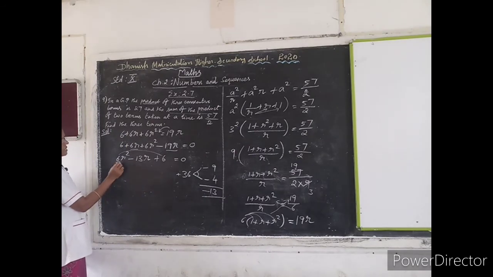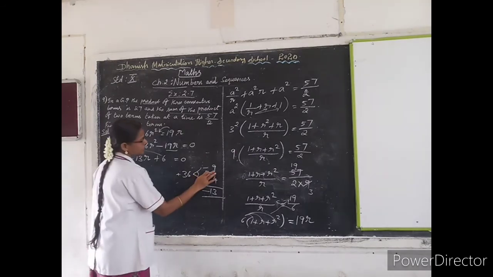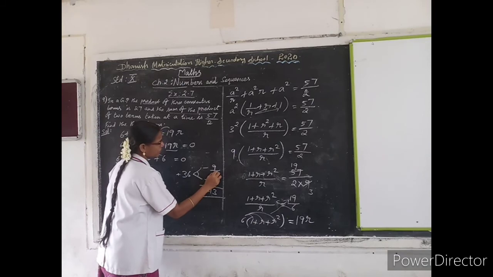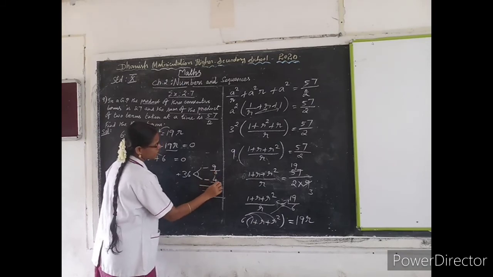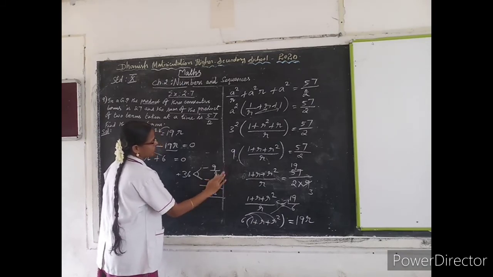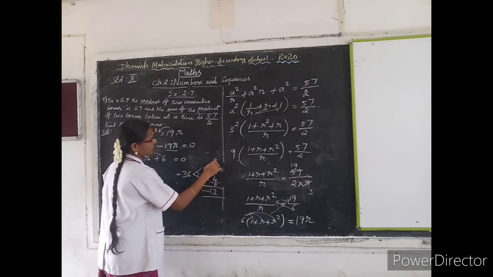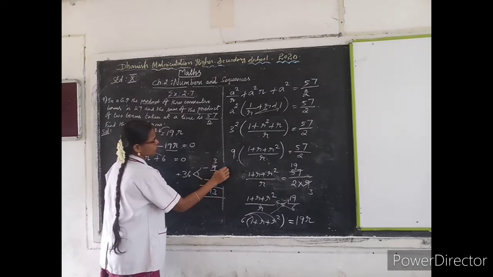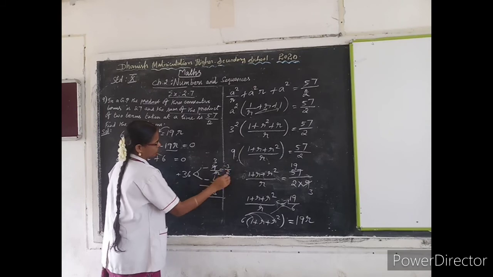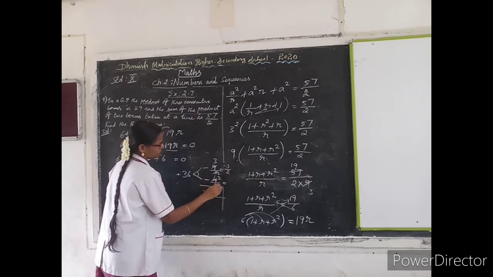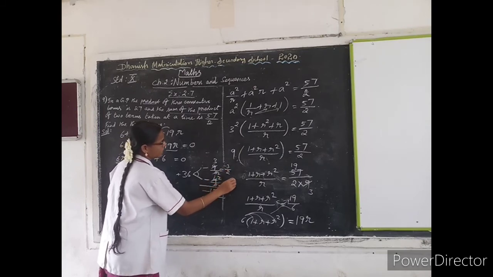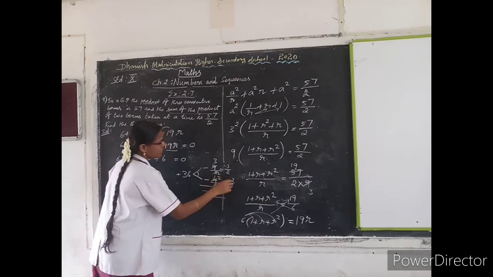Here the coefficient is 6 for r square, so divide these numbers by 6. By 6 by 6, so cancel. 3 3s are 9, 2 3s are 6. So minus 3/2. Here 2 2s are 4, 3 2s are 6. Minus 2/3 are the factors.